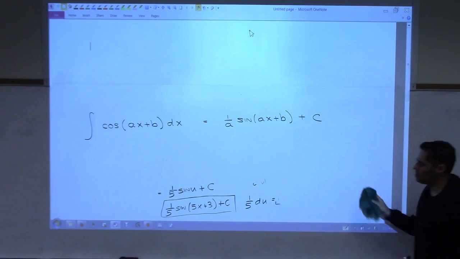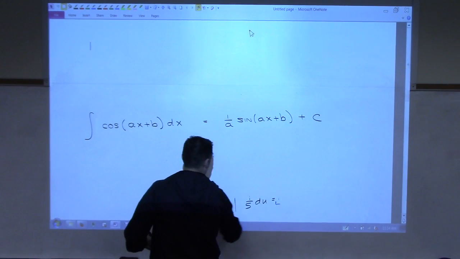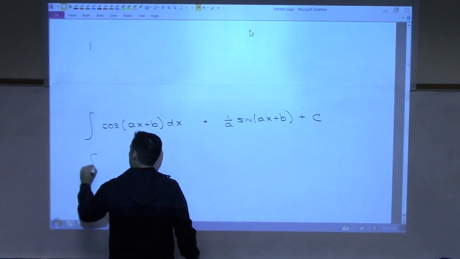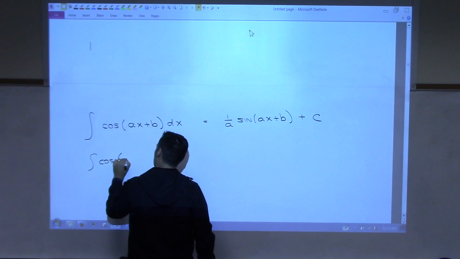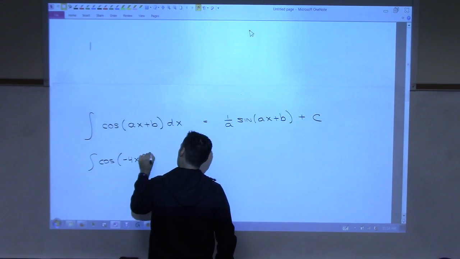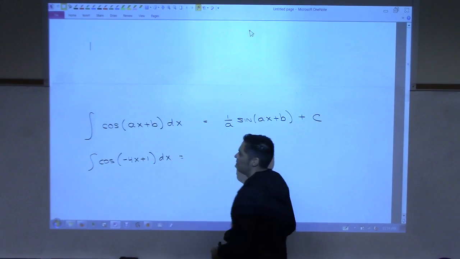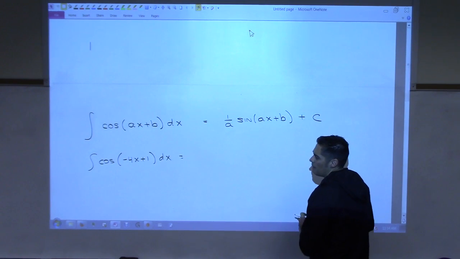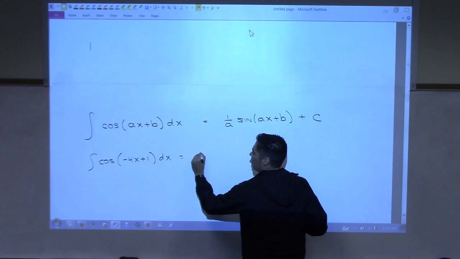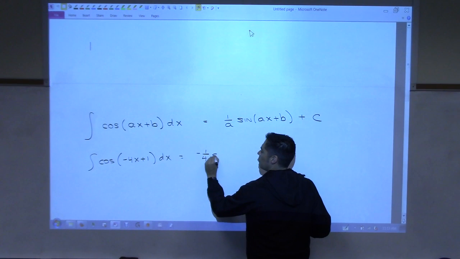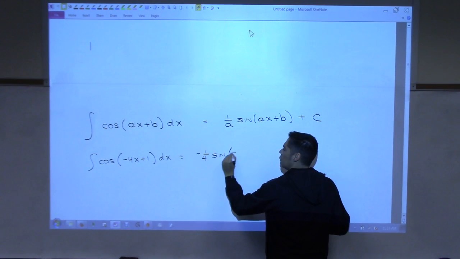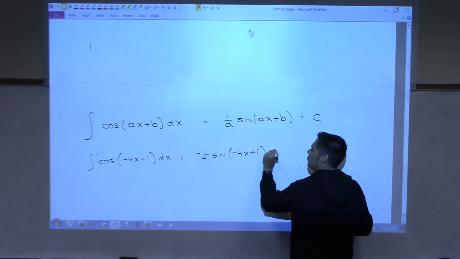Okay? So with that, it's kind of more like a formula. If I give you now the antiderivative of cosine of negative 4x plus 1 dx, the answer would be what? 1 over negative 4, or negative 1/4 sine of negative 4x plus 1 plus c.